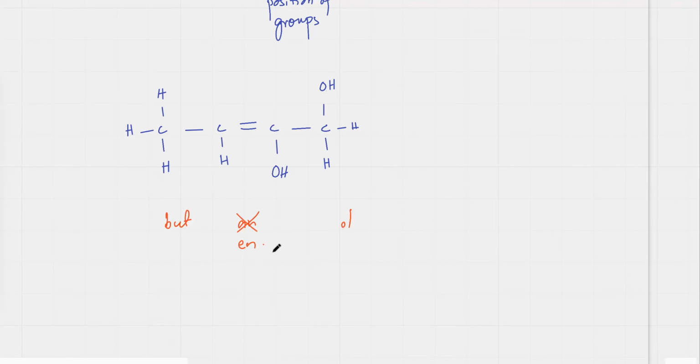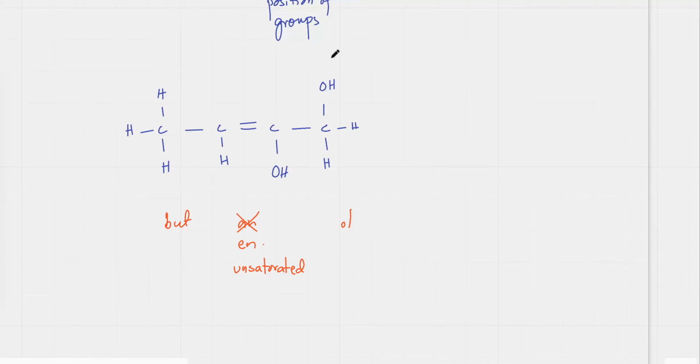Is this clear? It's no longer an alkane, it's an alkene now because there's a double bond. Yes, sir. So the an has changed into en, just like alkane changes into alkene.